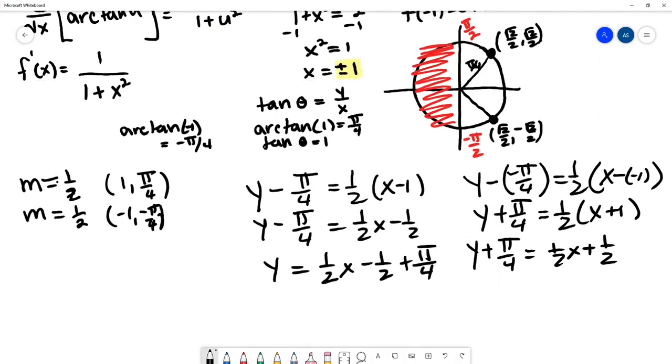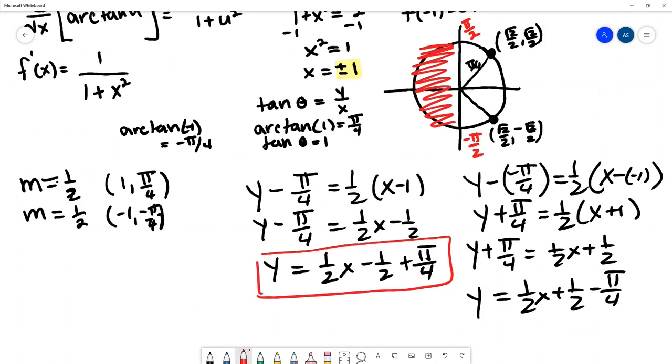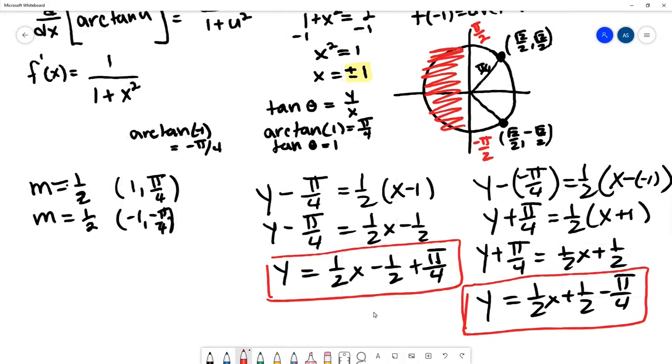And we'll subtract pi over 4 on both sides to get the equation y equals 1/2 x plus 1/2 minus pi over 4. So we have these equations that will give us tangent lines that have a slope of 1/2.